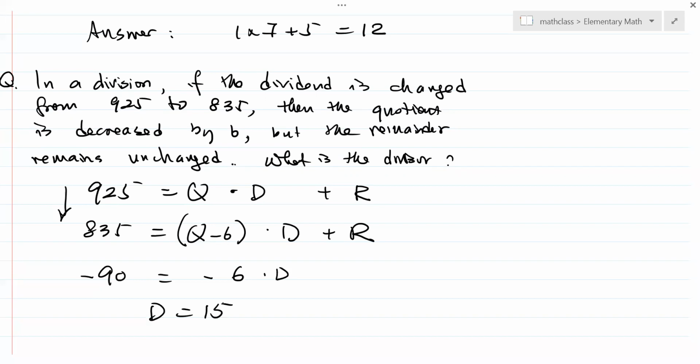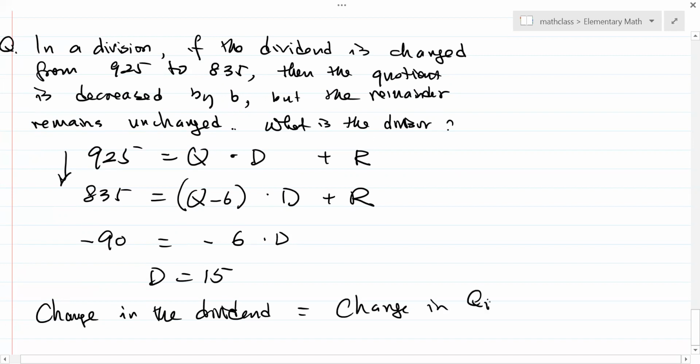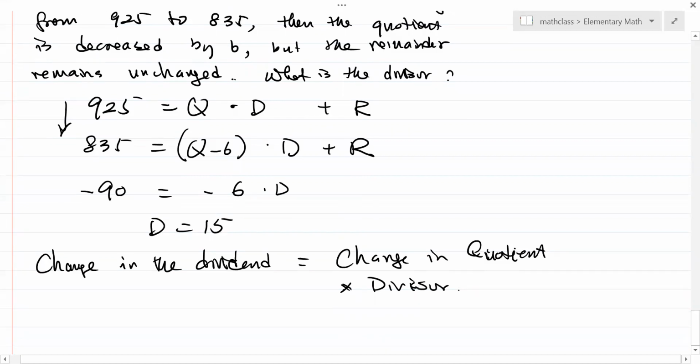So the change in the dividend is going to be the change in quotient times the same divisor, if everything else remains unchanged.